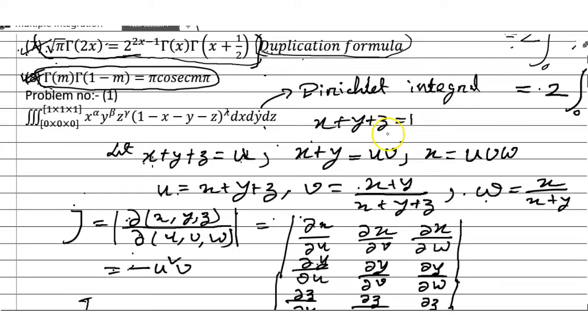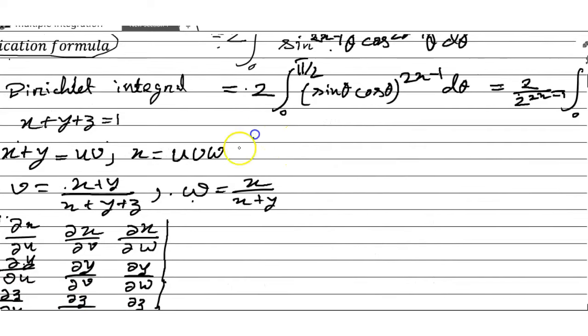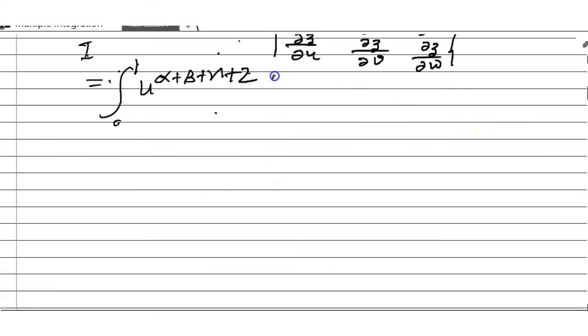So friends, x is equal to uvw, y equals uv into 1 minus w, and z equals u into 1 minus v. That's why we are just putting the value of x, y and z.